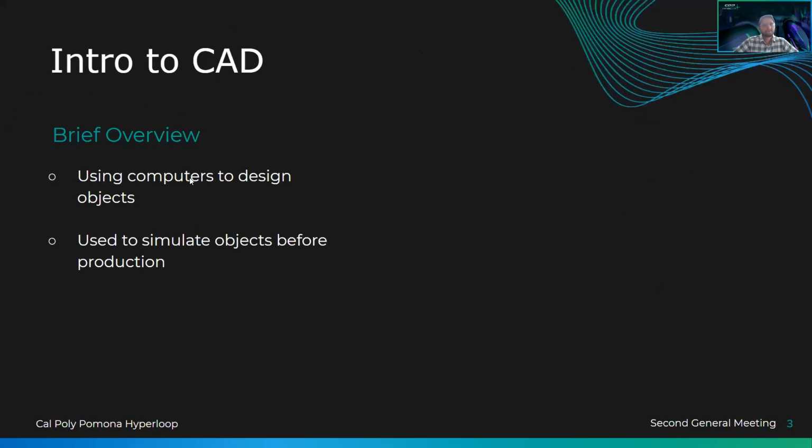So, a brief overview of what CAD means. CAD is basically the process of using computers to design objects. It's mostly used in the field of engineering to create blueprints and initial product designs, which you would send out to a manufacturing team to actually manufacture.